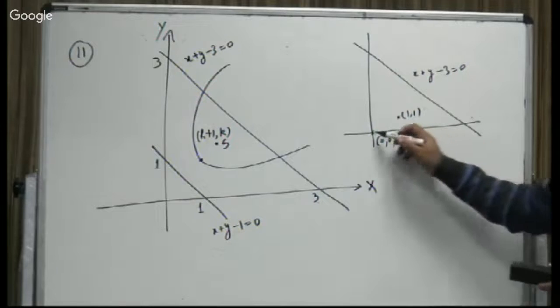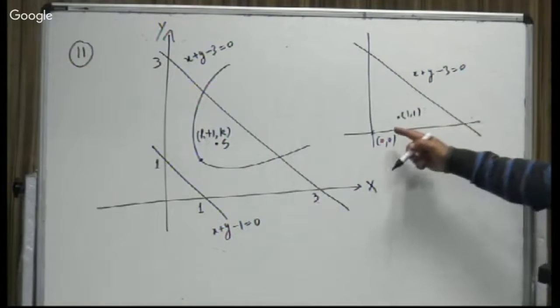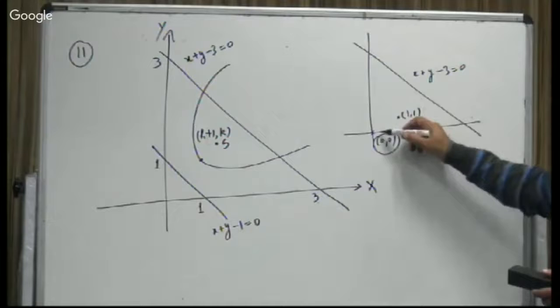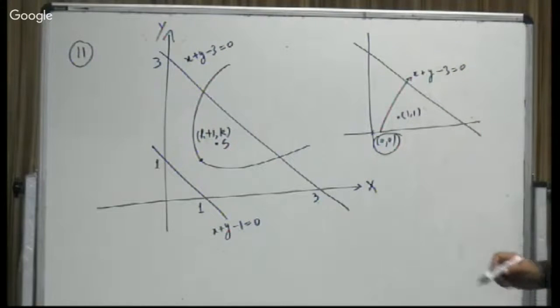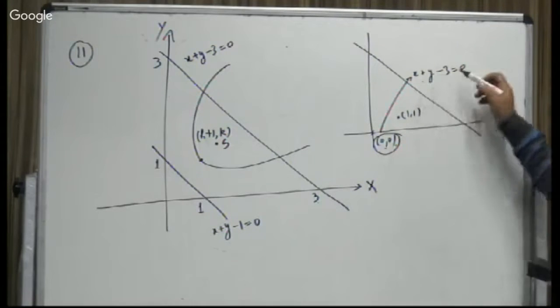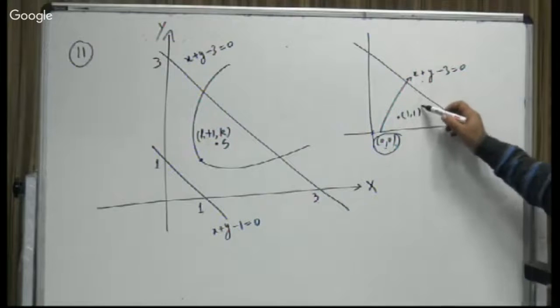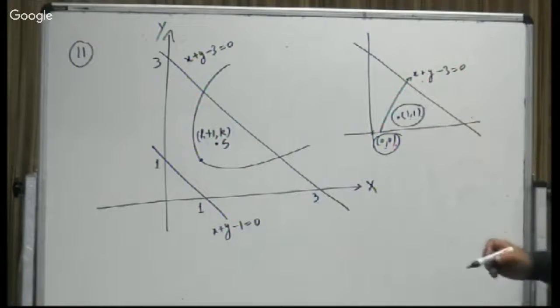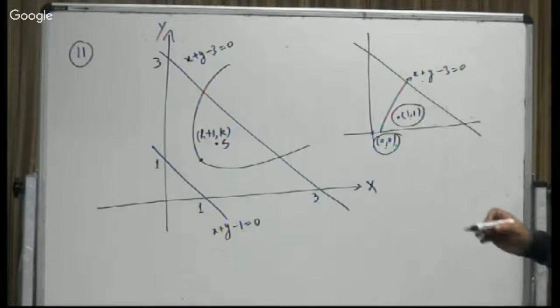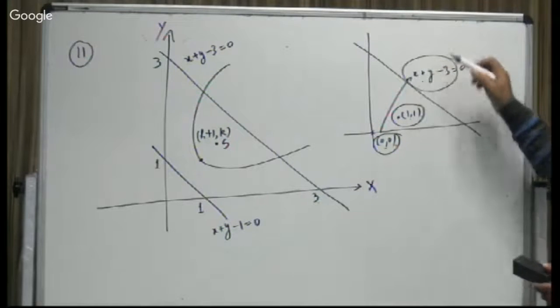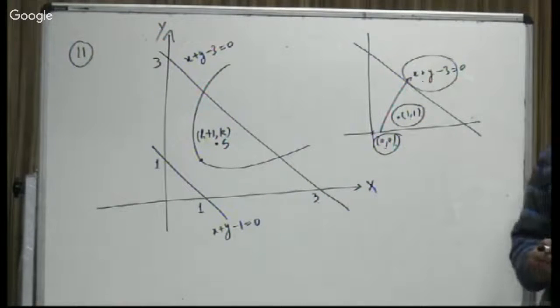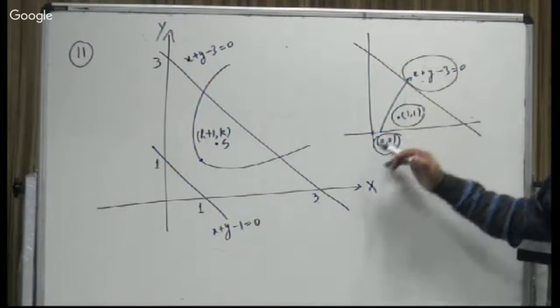Now, if you substitute the coordinate of this point in this, what you get? If you substitute 0, 0 in this, and then you substitute 1, 1, you will observe that value of this expression comes out to be negative in both the cases, if the origin and the point are on the same side.